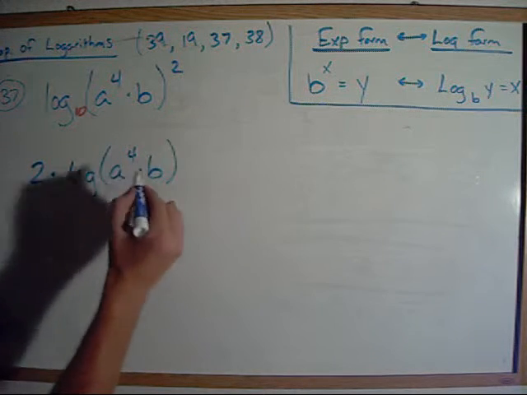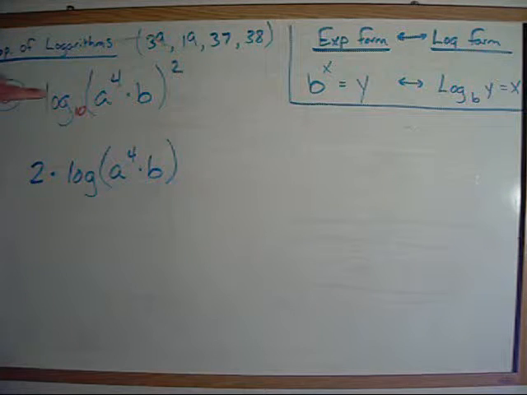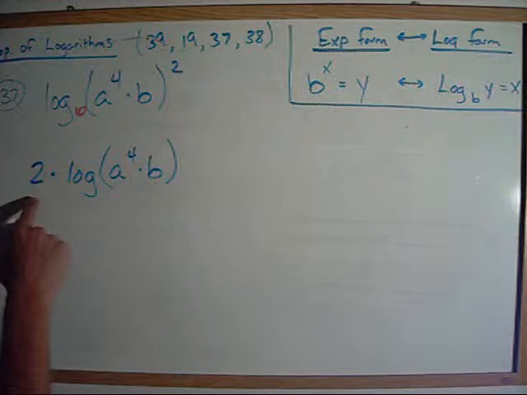So quantity a to the 4th power times b. This is actually the most powerful property of logarithms and the most applicable for algebra, bringing that power down. If you watch the video over questions 16, 17, and 18, I think that's the rule you needed to solve that algebraically. I showed you a different method, approximation, but that's what you need to do to solve it algebraically. So now we've done the power rule expansion.